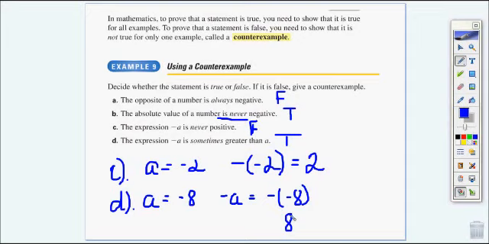The beginning of that said negative A is sometimes greater than A. We said that A is negative 8. So negative A is 8, and A is negative 8. So 8 is greater than negative 8. Our beginning variable was A equals negative 8. And that's how we proved that one true.